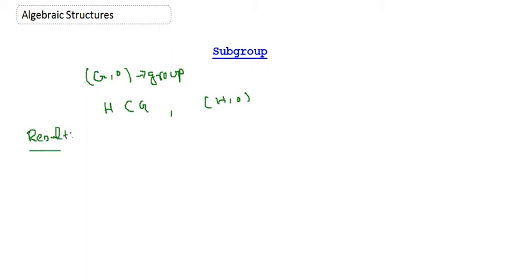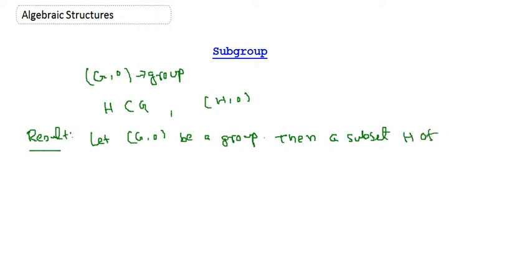So first let me write: let G be a group, then a subset H of G is a subgroup if and only if it satisfies the following three conditions.